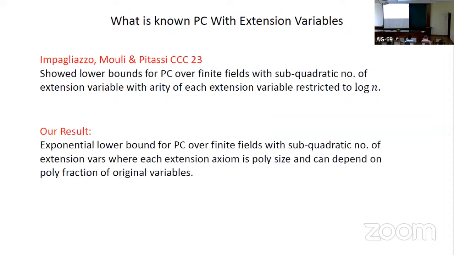So what we do in our results is improve the parameters. We also work in PC over finite fields with a subquadratic number of extension variables. The number of extension variables is also the same, subquadratic. But each of our extension axioms is poly size and can depend on a poly fraction of the variables, almost all but one.